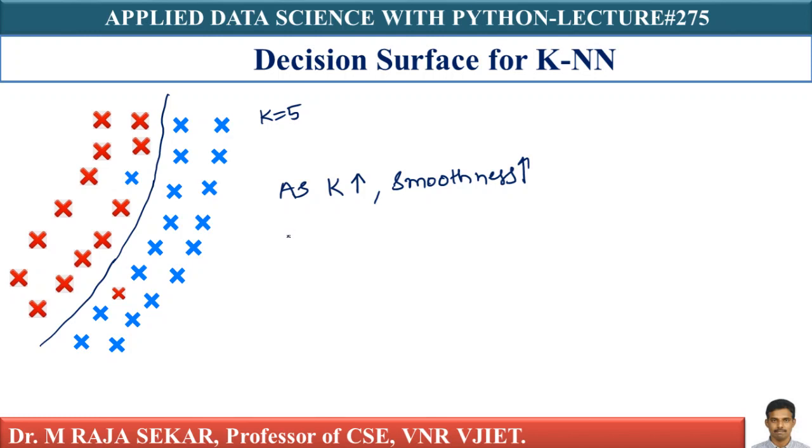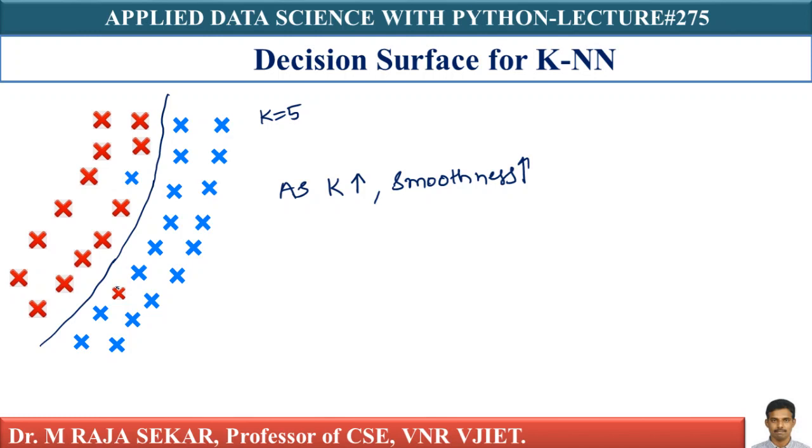As k increases, smoothness increases. This is one of the most important geometric intuitions of k nearest neighbor. In k nearest neighbor, the smoothness of the decision surface increases as k increases.